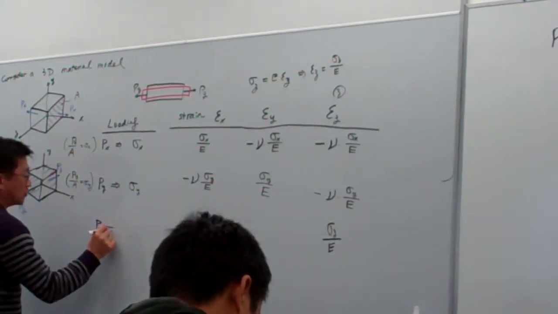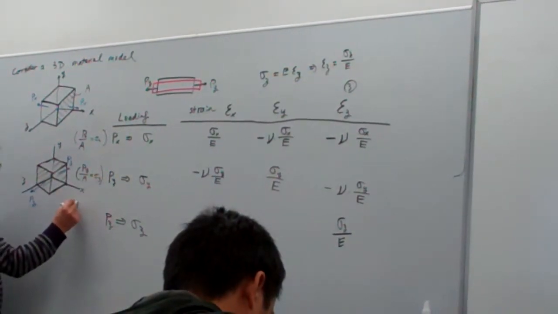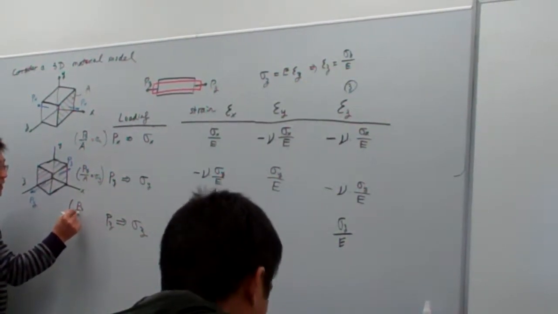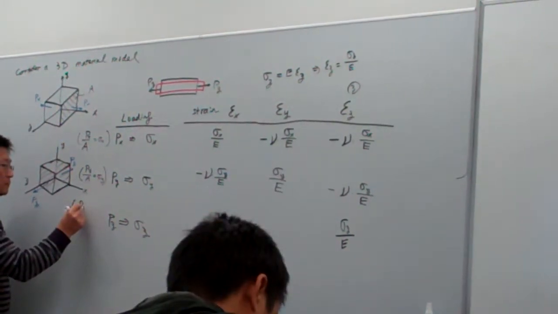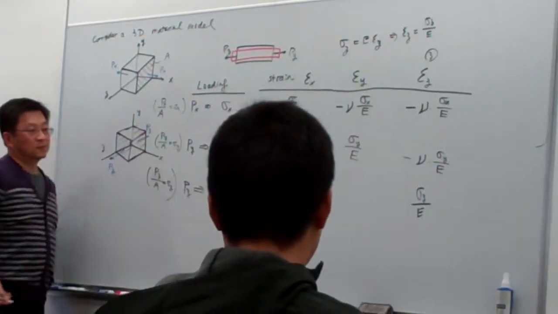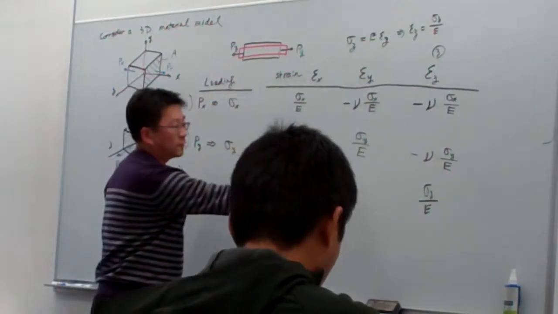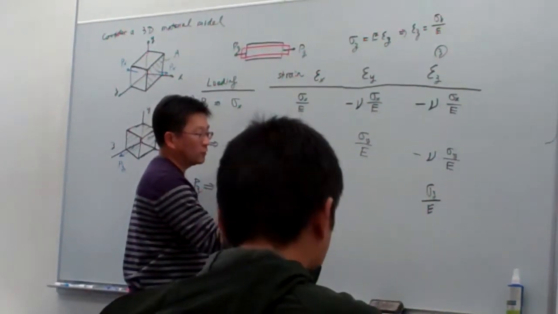Pz will induce sigma z. And that calculation is simply Pz divided by A. Equal to sigma z.